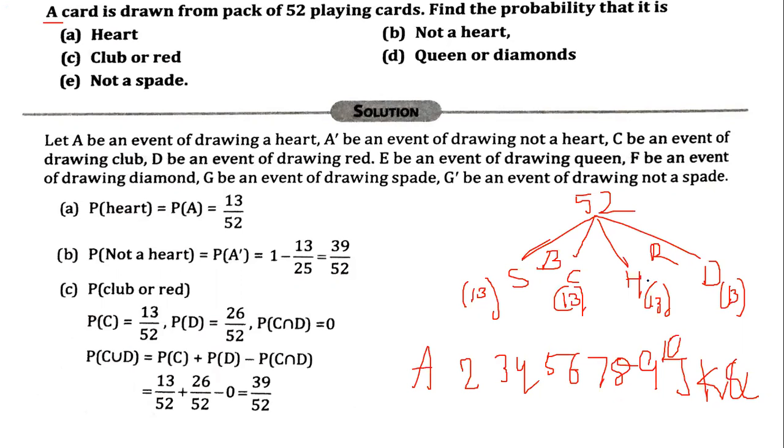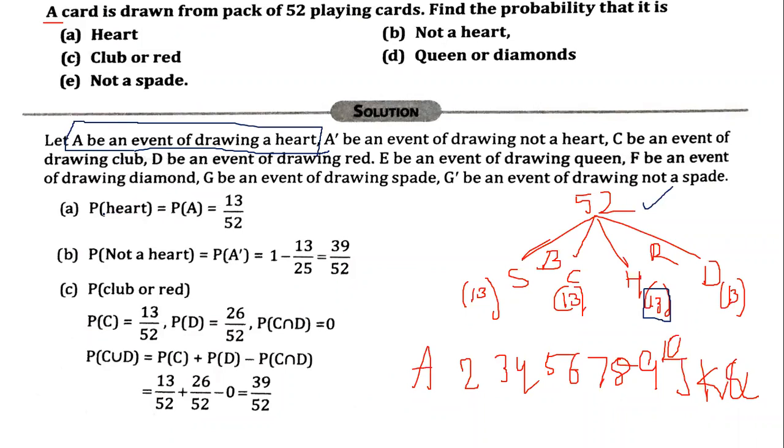Total number of cards is 52, but the heart cards are 13. So the first event is, let capital A be the event of drawing a heart card.